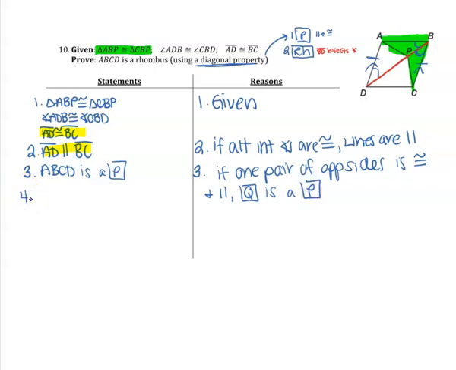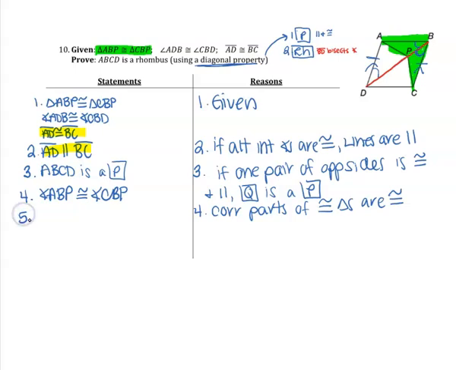Okay, now we got to tackle the rhombus part. In order to prove that I have a bisector, I need to prove these two angles congruent. So I'm going to say angle ABP is congruent to angle CBP because corresponding parts of congruent triangles are congruent.